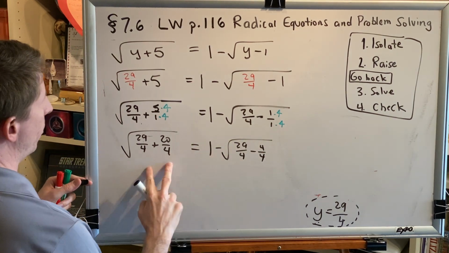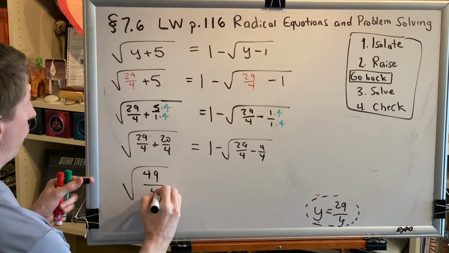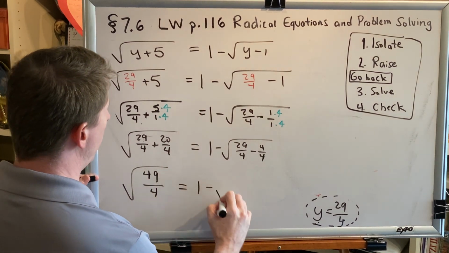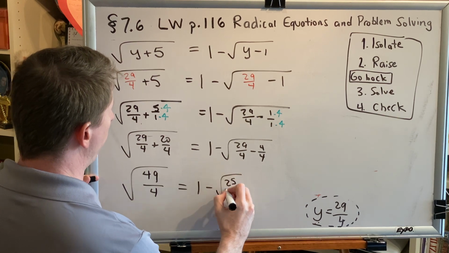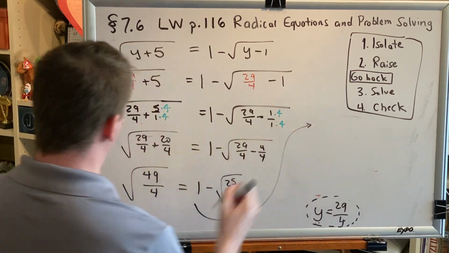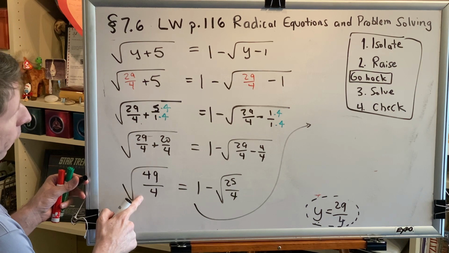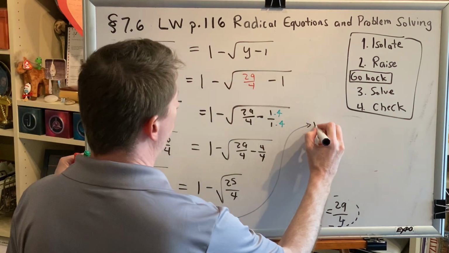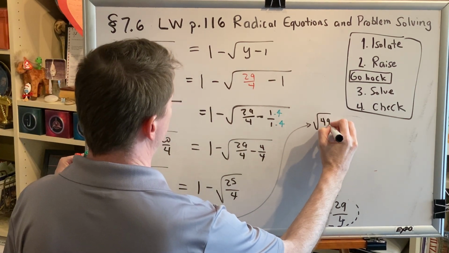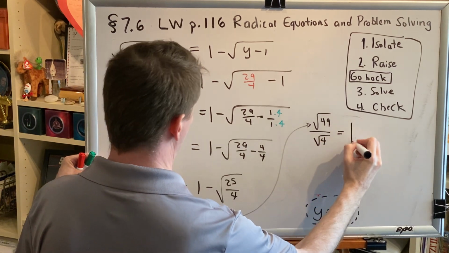Once you have a common denominator, you can add or subtract your fractions. So this is the square root of 49 fourths equals 1 minus the square root of 25 fourths. Remember your quotient rule for radicals from earlier in this chapter. A radical of a fraction can be written so that the numerator gets its own radical and the denominator gets its own radical.